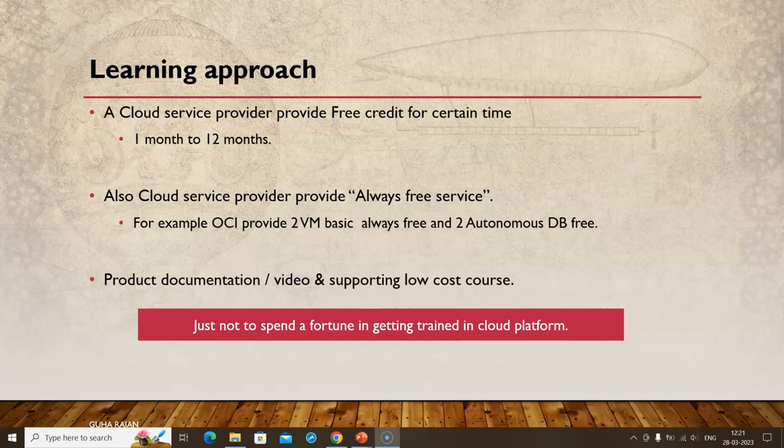My take is that you can comfortably learn the cloud infrastructure anywhere between 1 to 3 months, put it up in your CV, and then attempt an interview as well. So this is my take as far as the learning approach to the cloud is concerned.